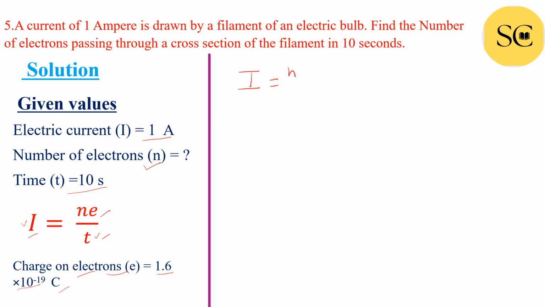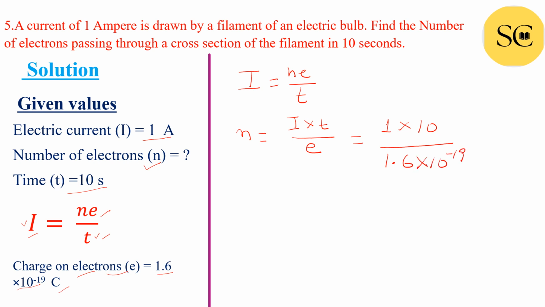After cross multiplication, we have the formula N is equal to I into T upon E. So put the value of I, 1, into time 10 seconds, and the value of E is 1.6 into 10 raised to minus 19 coulomb.